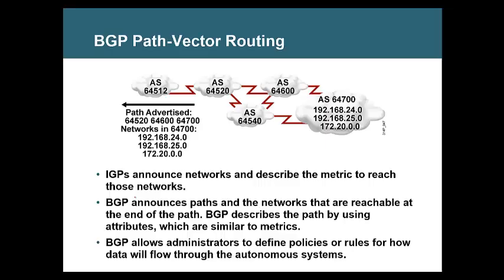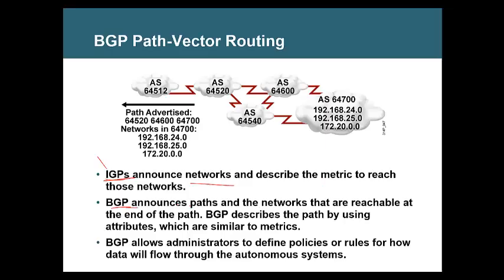Now the difference between IGP and BGP: IGP, for example OSPF. What does OSPF advertise? Only the networks that are within the autonomous system, along with the metric you can see in the routing table.